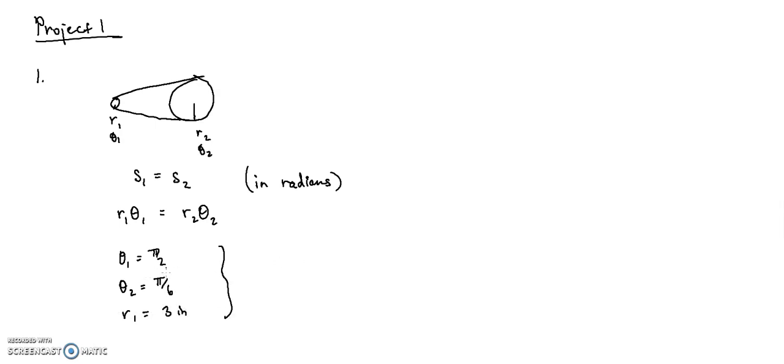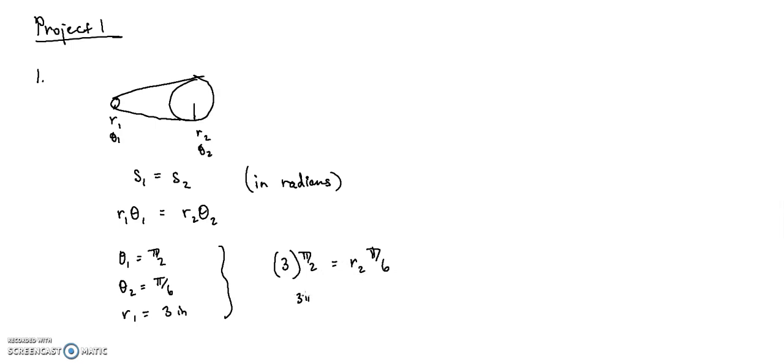I would take the information that I know and put it in here: R1 theta 1 is equal to R2 theta 2. Then I would solve for the one that's missing. For this one, it's R2.